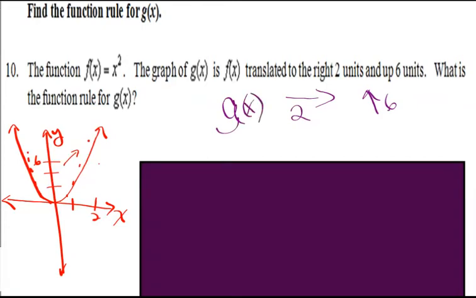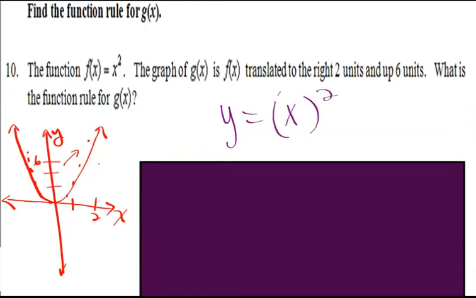What is the function rule for g of x? So we know it's going to go to the right 2. So that's going to be y equals x squared, and we're going to shift that to the right 2, so it's a minus our h, and then it's going to go up 6.